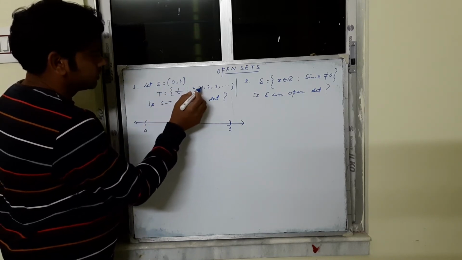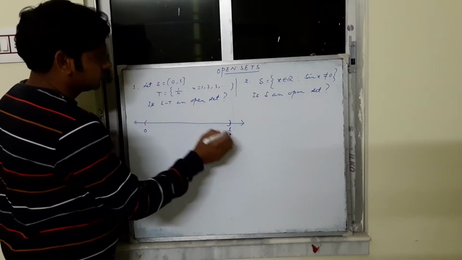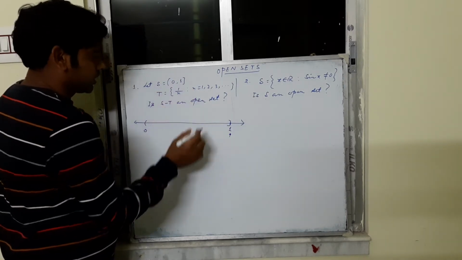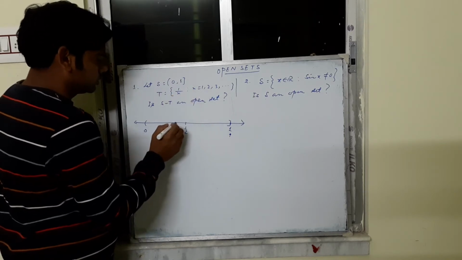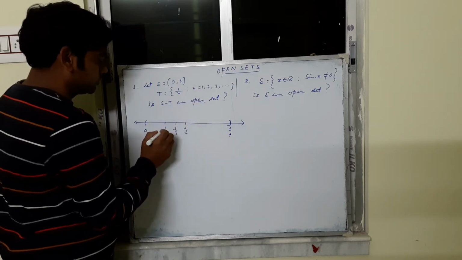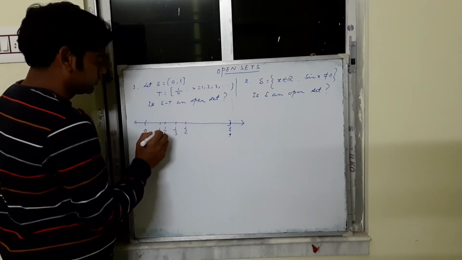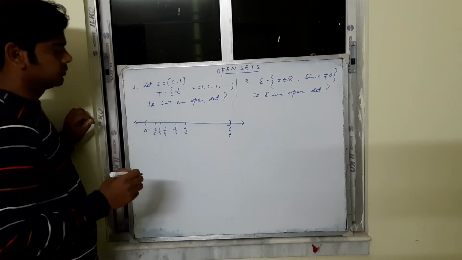For n equal to 1 we get the first element as 1, so this one. For n equal to 2 we get half. For n equal to 3 we get 1 upon 3. For 4 we get 1 upon 4, etc. 1 by 5, 1 by 6, this.